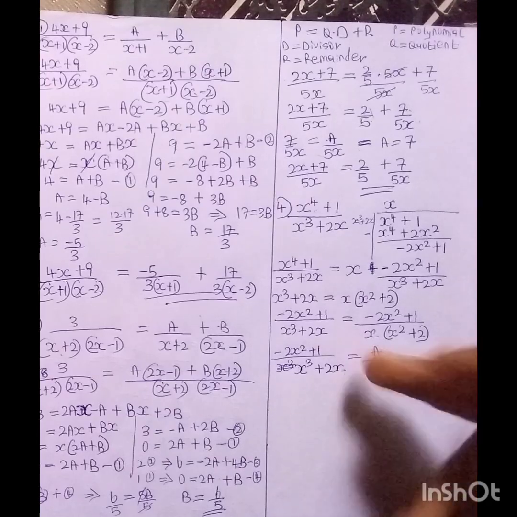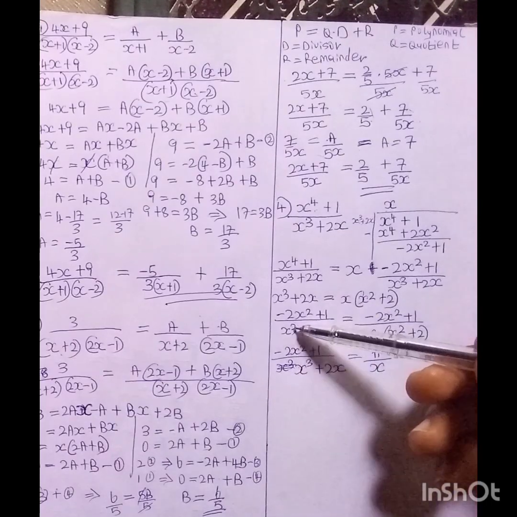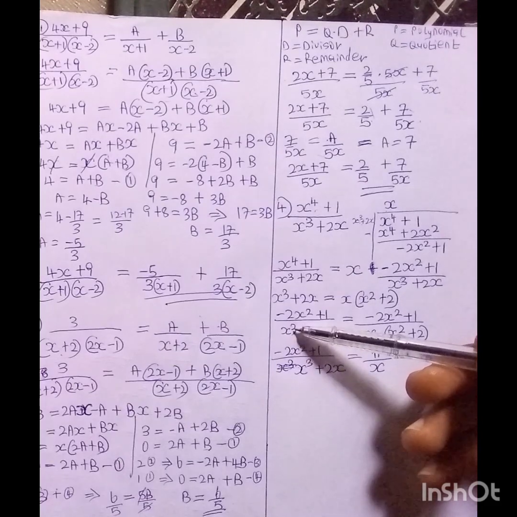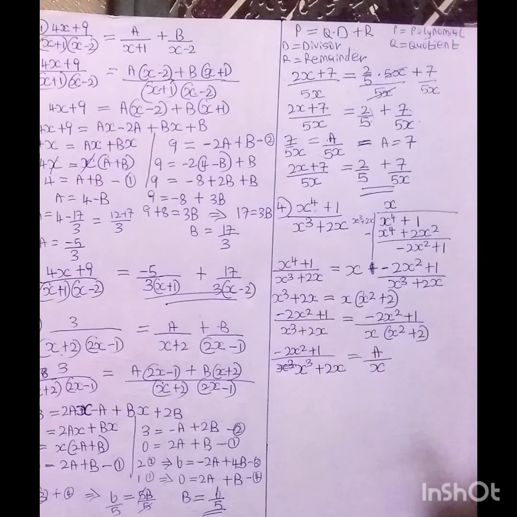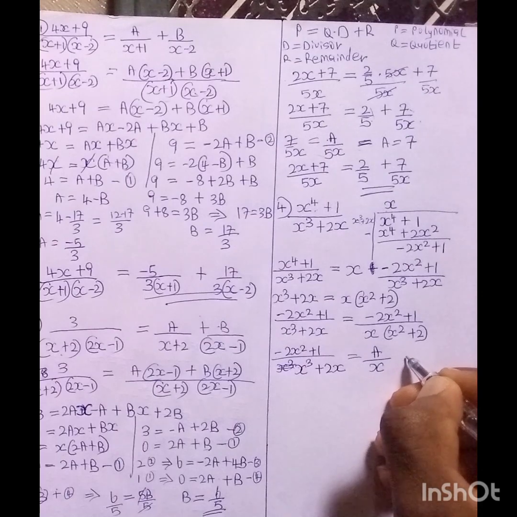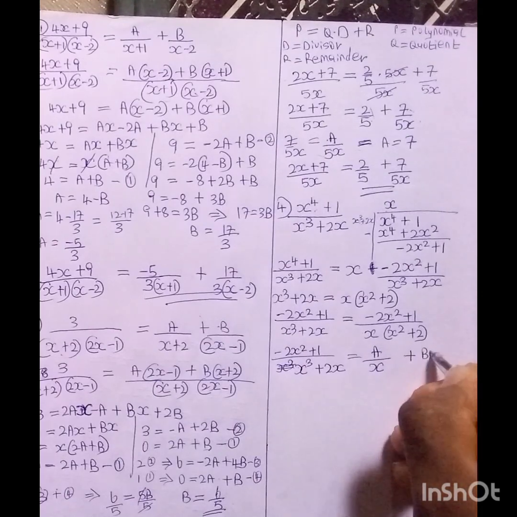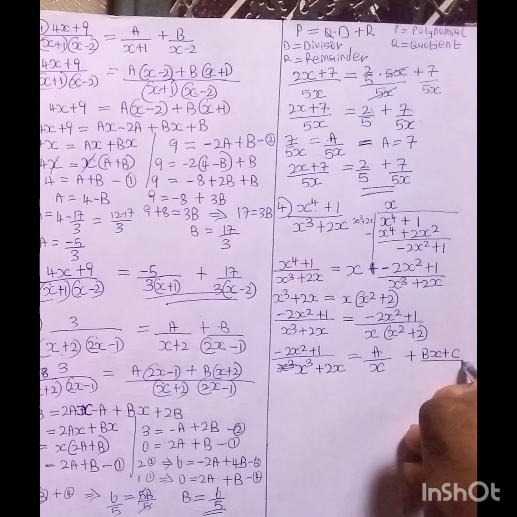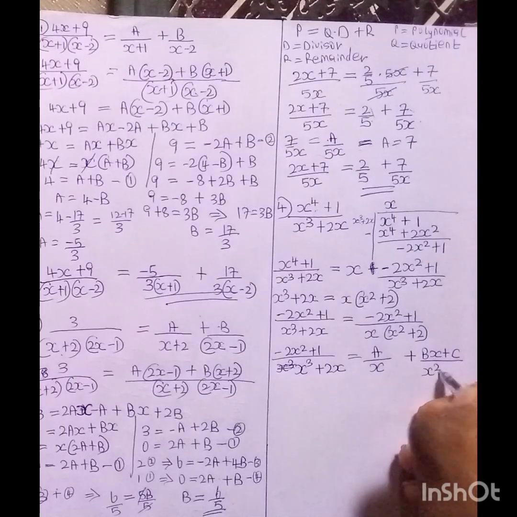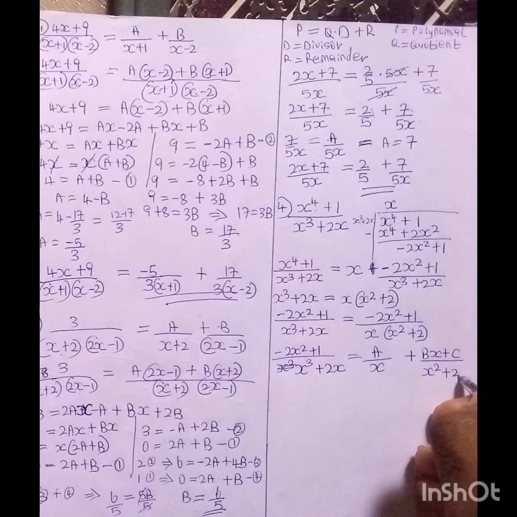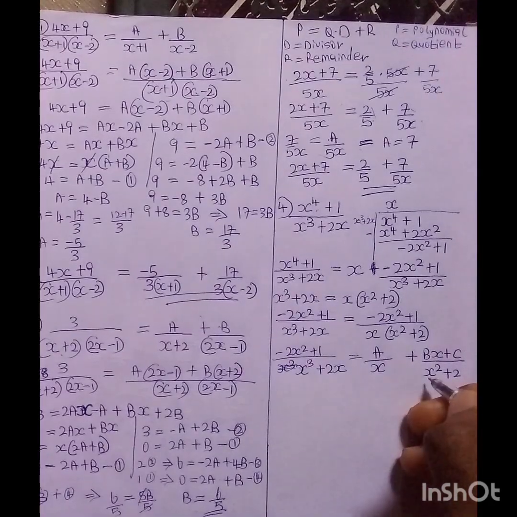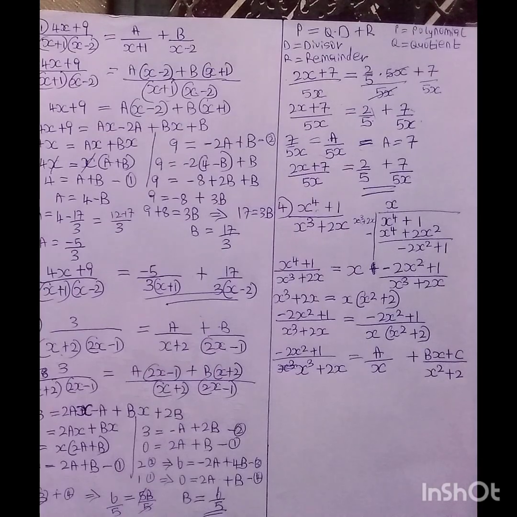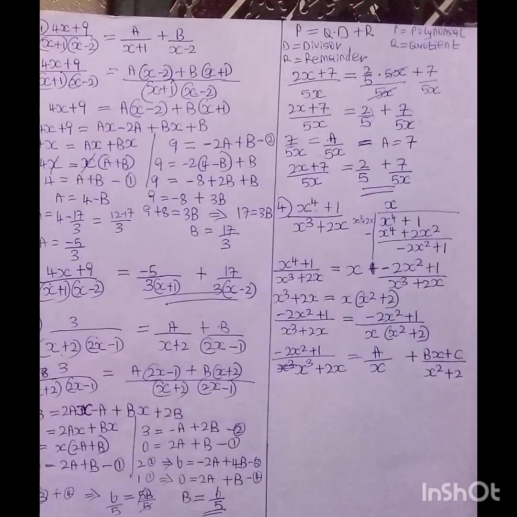So the principle guiding this one, as the power of the denominator is greater than the power of the numerator, is A over x plus bx plus c over x squared plus 2. So we solve.